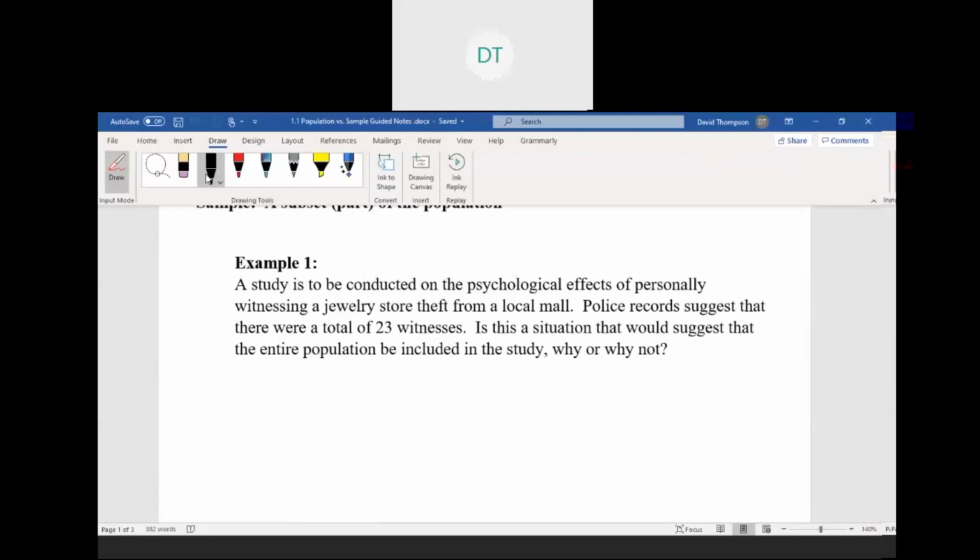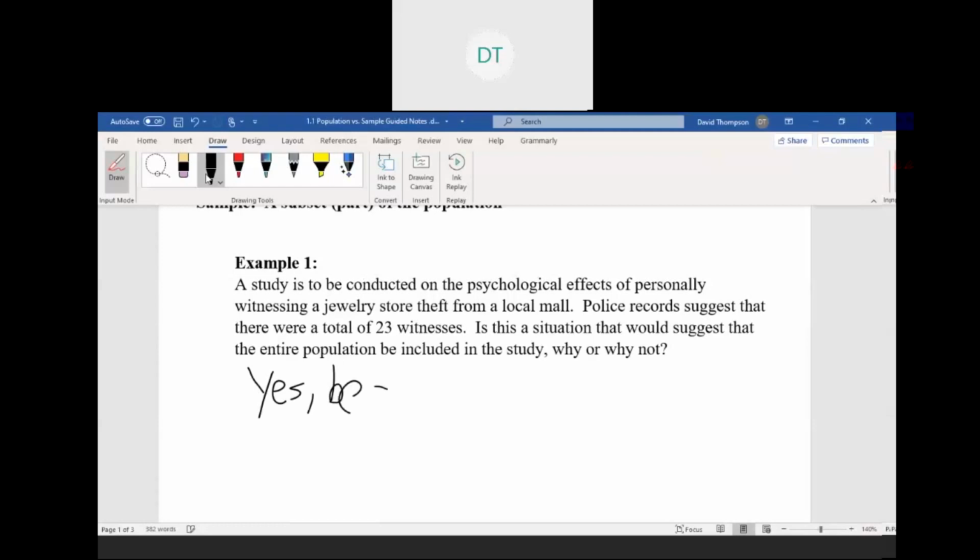Because there's many different types of people that go to the mall, such as older people, younger people, teenagers, people that like different types of music, people that shop for different things such as technology or music or clothing. This population size is a little bit small to get a good representation.